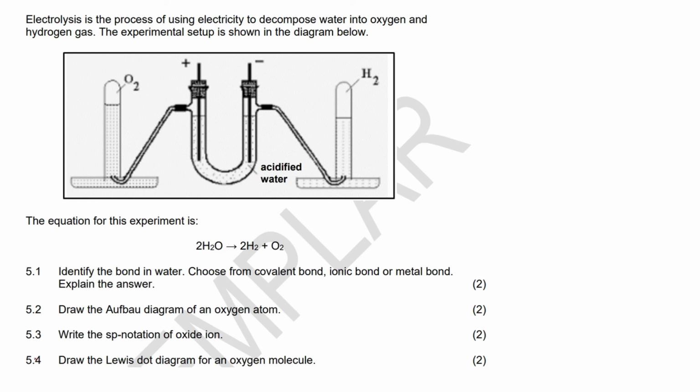And now the last question says, draw the Lewis diagram for an oxygen molecule. Okay, so we've looked at Lewis diagrams before, but now they want us to do an oxygen molecule. So what we know is that oxygen, well, there's one oxygen and there's another oxygen. So let's quickly grab our periodic table.